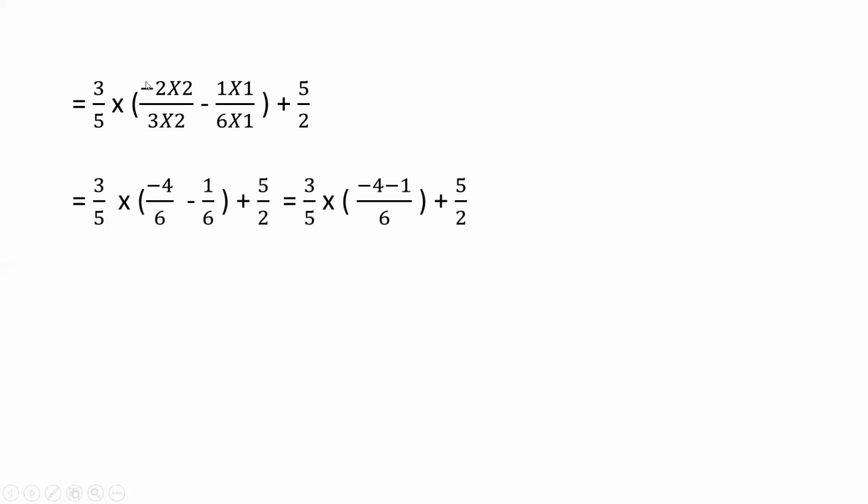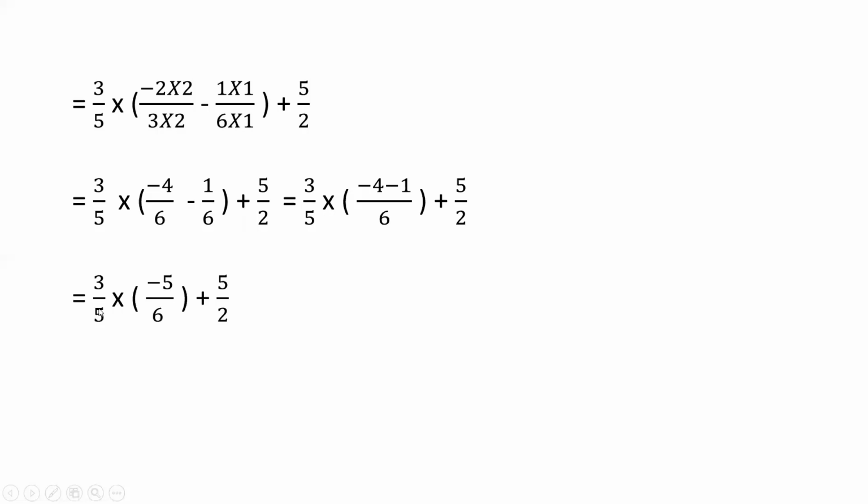Solving the bracket, we'll be getting minus 2 into 2 which is minus 4, 1 into 1 is 1 and in the denominator we'll be getting number 6. Next, minus 4 minus 1 upon 6. Again solving the bracket, minus 4 minus 1 will be equal to minus 5 and the denominator is 6.